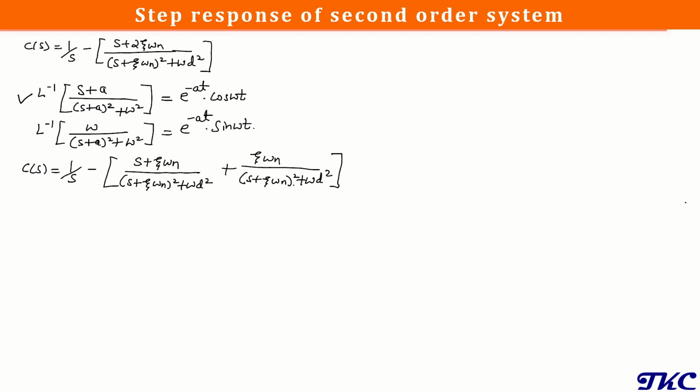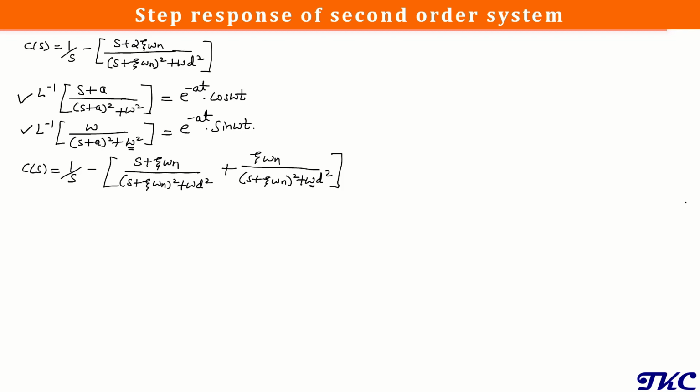But if we see the second term, it is similar to this one, but not exactly in the same way. So we need to do a little bit of modification so that this term will become similar to this one and we will be able to apply this property. For that we need this omega d to be here, because in order to apply this property, this omega needs to be in the numerator. But here we have omega d only in the denominator. So we need to have that in the numerator. So for that what we can do, we can multiply the numerator and the denominator by omega d, and of course the result of that will be 1 only, but we will have omega d in the numerator.